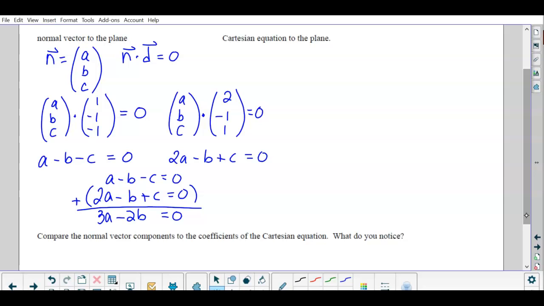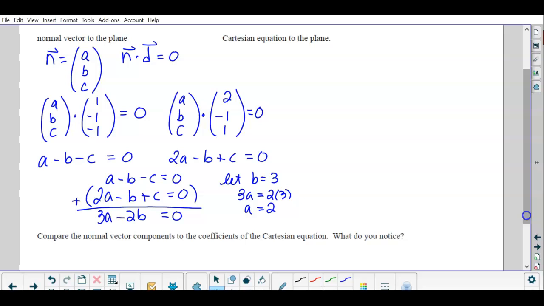I would try to make it something so that you don't have fractions. So for example, maybe here, if I let B be 3, then I know I'm going to be able to divide by 3. So I'm going to let B equal 3. So then I would have 3A equals 2 times 3. A equals 2.